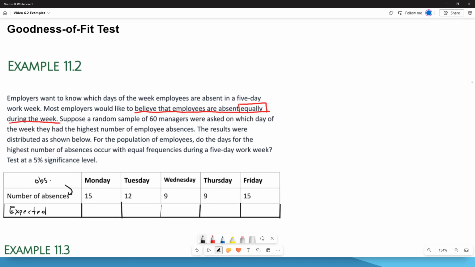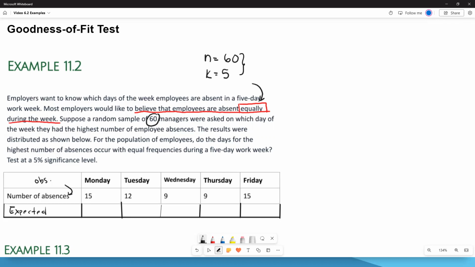So I'm going to come back up here to this information. And I know 2 things. I know that the number of people that I sampled is 60 managers. And I know that the number of categories in my table is 5. There's 5 days during the work week.